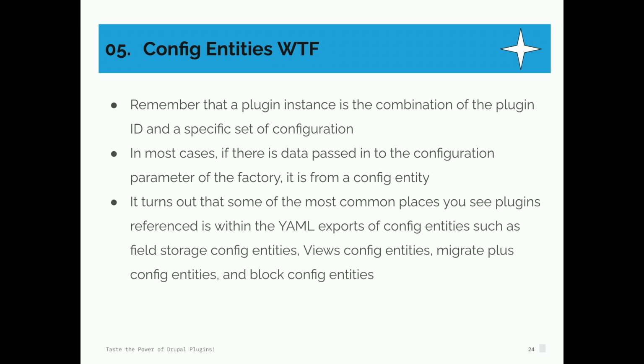So the config entity says, here's the plugin ID to use, and here's the array of configuration that's needed to make that instance. And that, for me, initially was very confusing because I'd gotten my head wrapped around the definition, which is the same every time. And now we have this configuration also coming in from config entities.